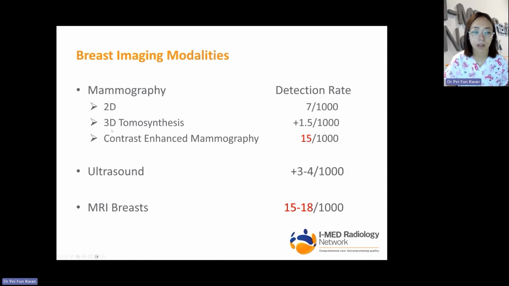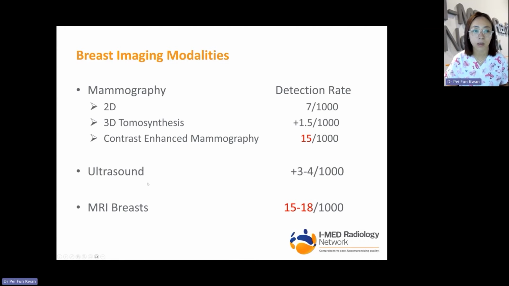By adding 3D tomosynthesis to the conventional 2D mammogram, we can increase our detection rate by 1.5 cases per 1,000. If we look at using contrast-enhanced mammography, the detection rate more than doubles compared to standard routine screening mammogram without contrast. I'll show you some examples throughout the talk.